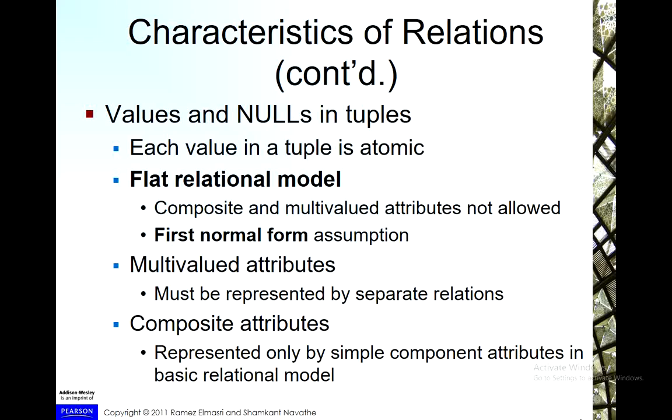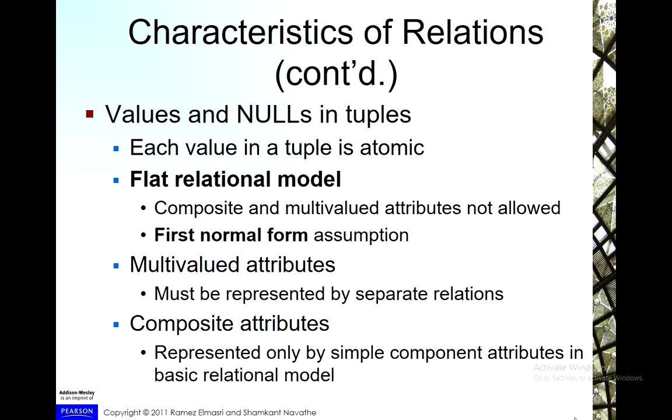So in this case, it is better to be represented by separate relations, or by separate attributes, so that we actually put color 1, color 2, color 3, for example, so that you can have an indivisible value in every single cell.